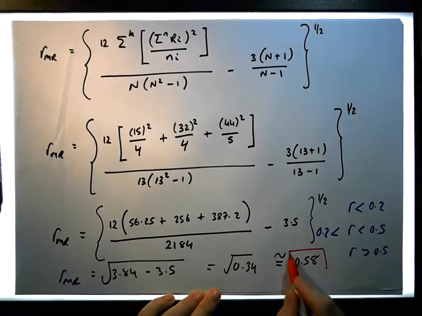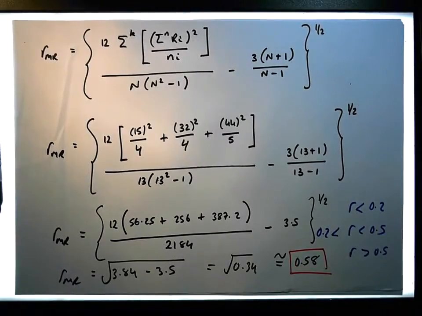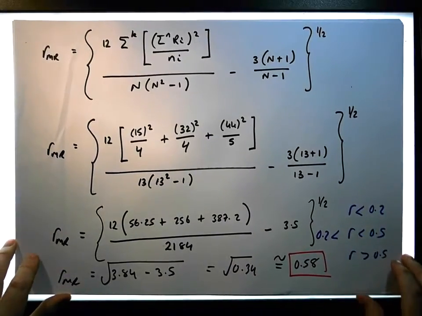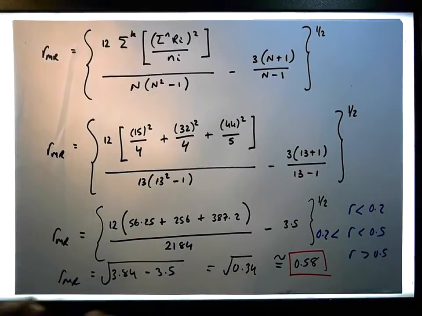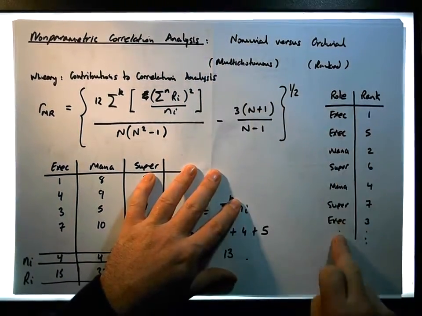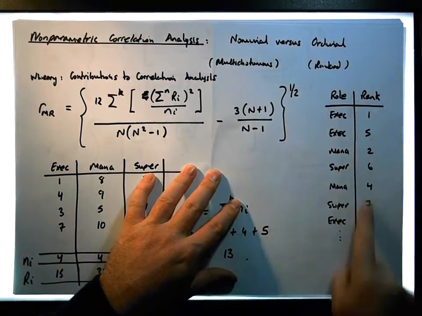Don't forget, this is always going to be positive. In relation to a nominal variable, it doesn't tell us anything about the directionality of the correlation. It just tells us the strength of association between the multichotomous nominal variable versus the ranked ordinal variable.